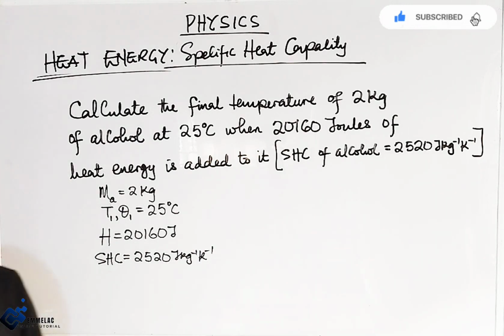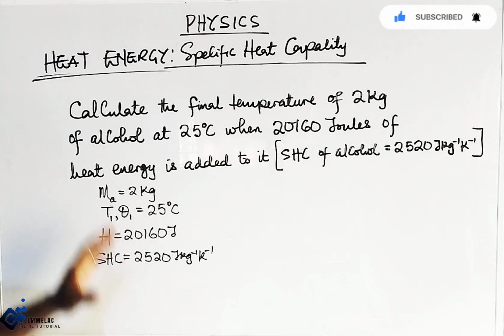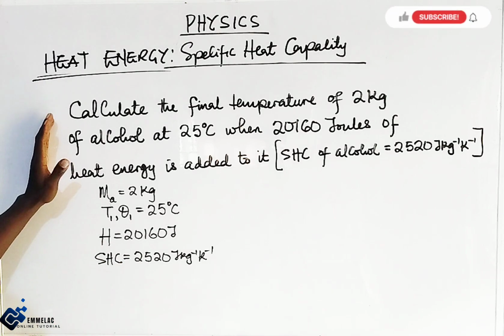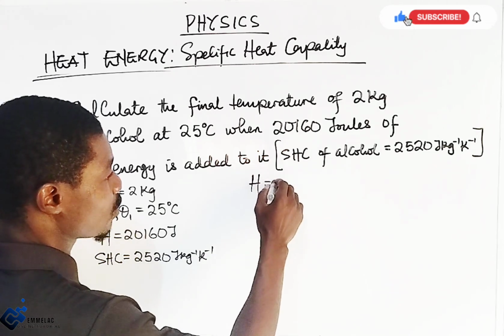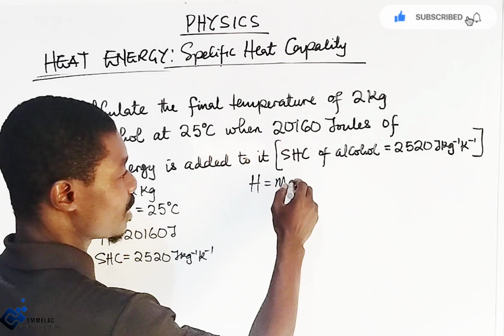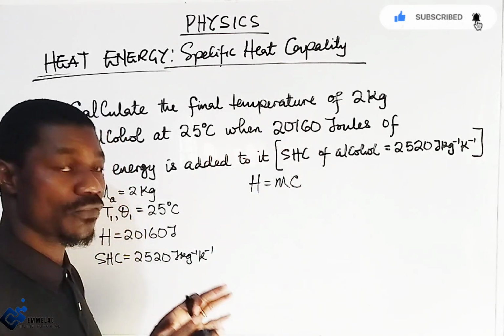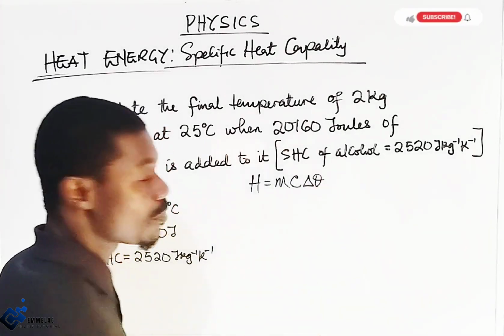Now, the next thing we need to look at is to recall the formula for specific heat capacity, which is given as H equals what? The mass of the substance, times the specific heat of the substance, times the change in temperature.